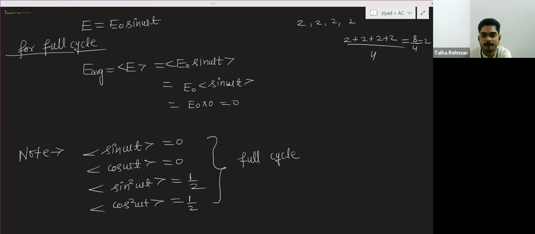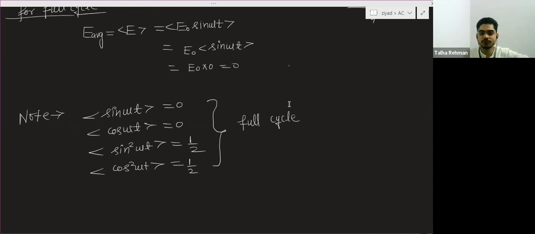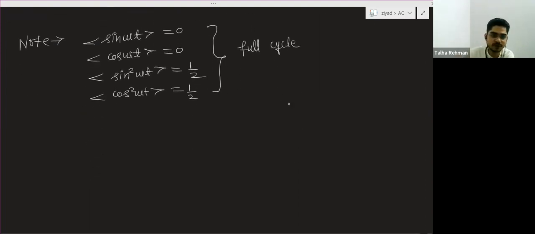So how will it be for a half cycle, sir? For a half cycle, for example, you have sine square omega t. If you want to calculate its average value for a half cycle, half cycle means 0 to T by 2.